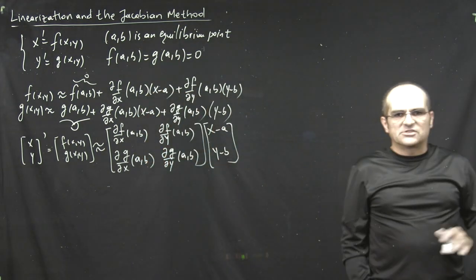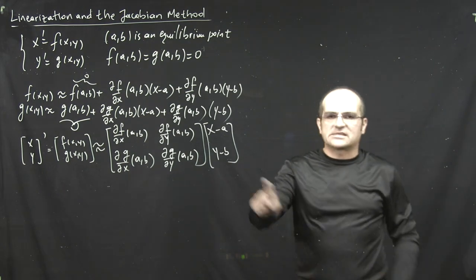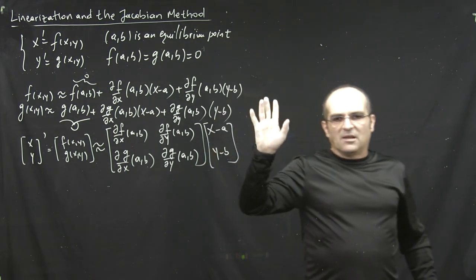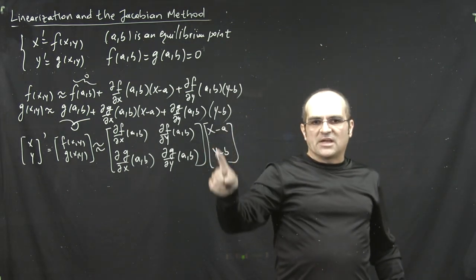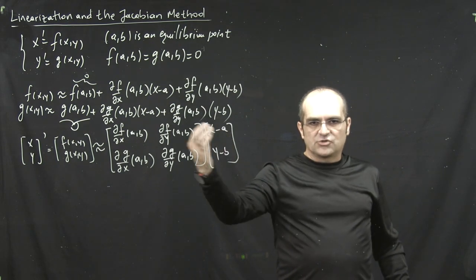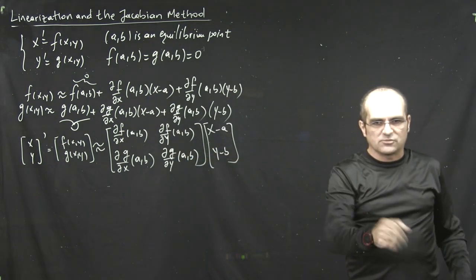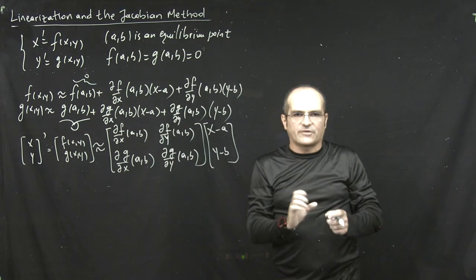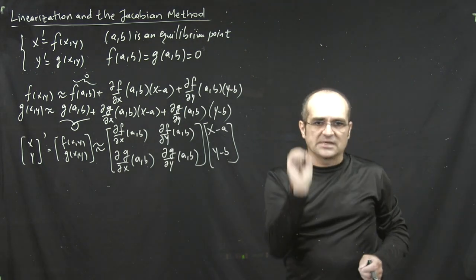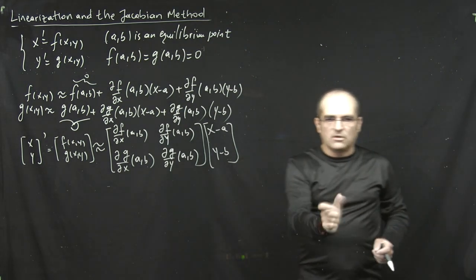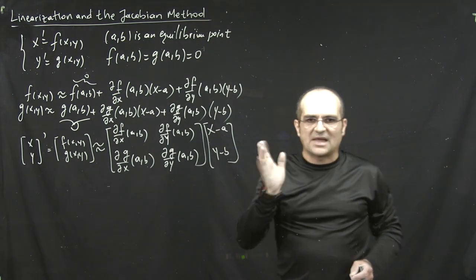That looks a little bit strange to you probably at this point, but that's like a translation, right? We're not going to bother with this right now, but we can quickly make a change of variables and translate (a, b) to the origin, so that you can put the whole problem in the framework of homogeneous linear systems with (0, 0) at the origin as an equilibrium point. But that's not important.